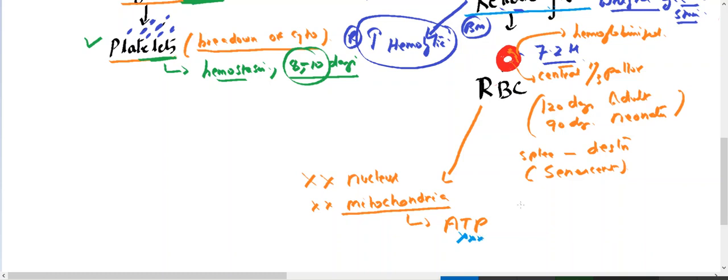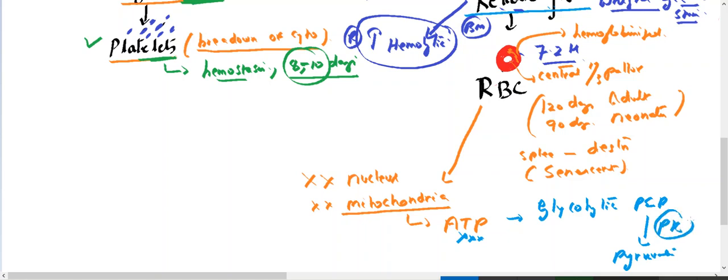It gets its energy from the glycolytic pathway, through the metabolic pathway where phosphoenolpyruvate is converted to pyruvate by the enzyme pyruvate kinase. That will generate ATP, which is utilized by the RBC.